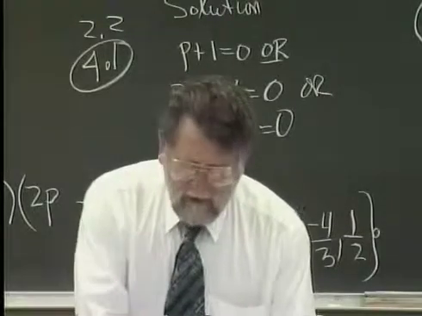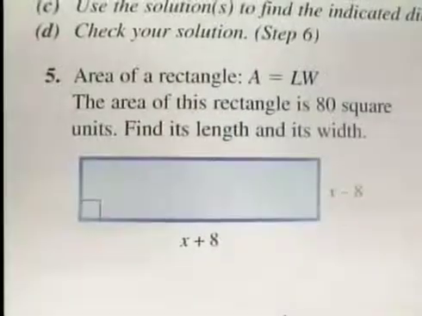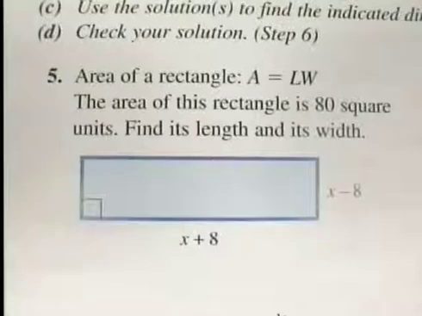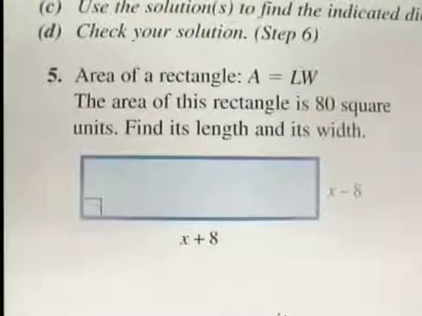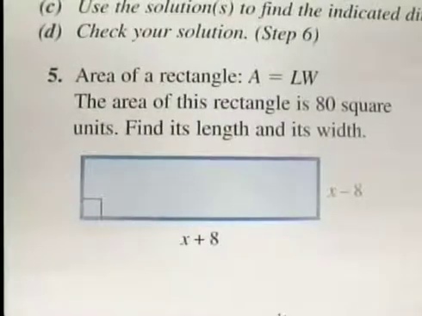Okay, another one out of geometry: rectangles. This is on page 330. Now, I think you could talk about areas of triangles, areas of rectangles, parallelograms, trapezoids ad nauseum. Page 330, problem number 5.